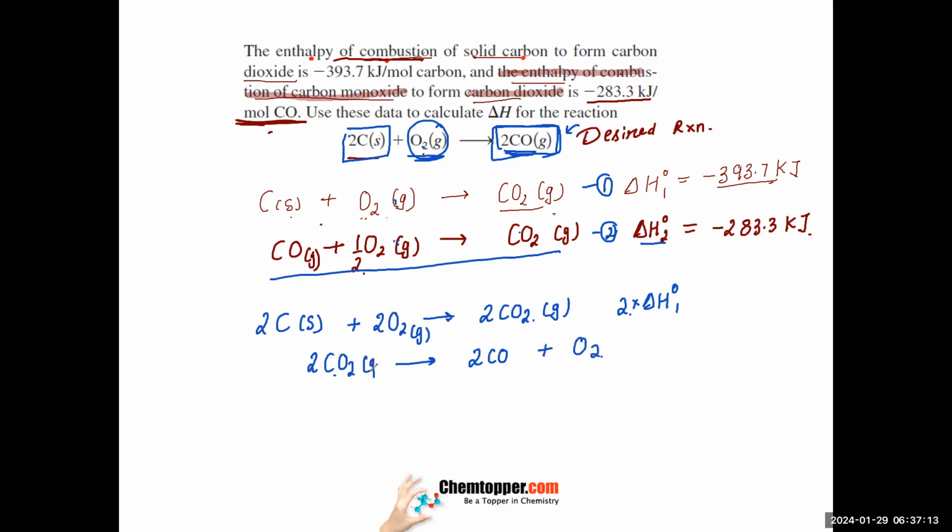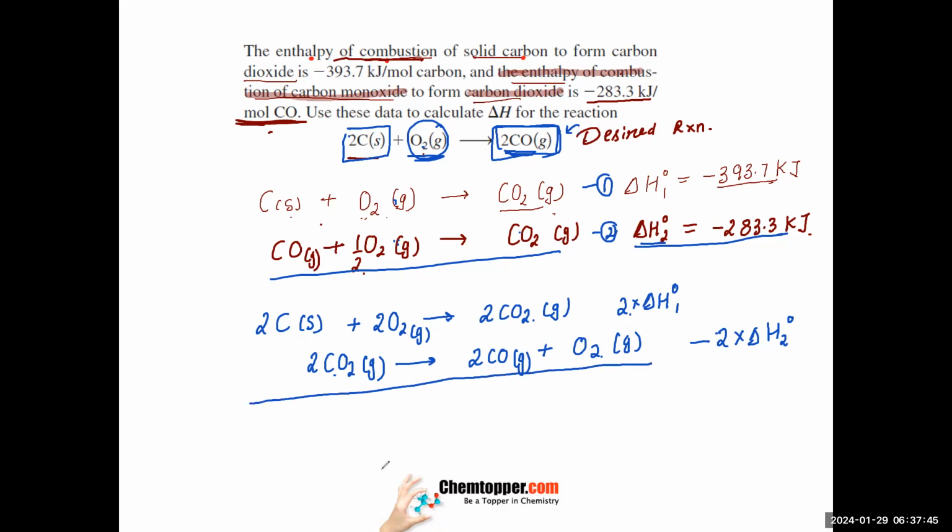Now these are all gases. It's a thermochemical equation. What happens to delta H2? Minus 2 times delta H2. Right? Minus, because I have reversed the equation, then multiplied by 2.